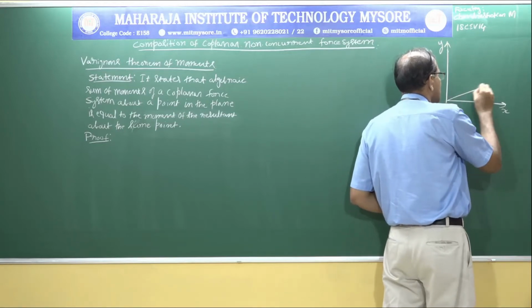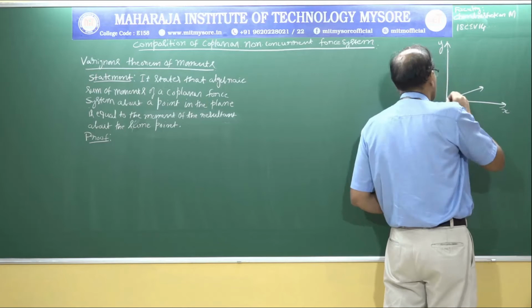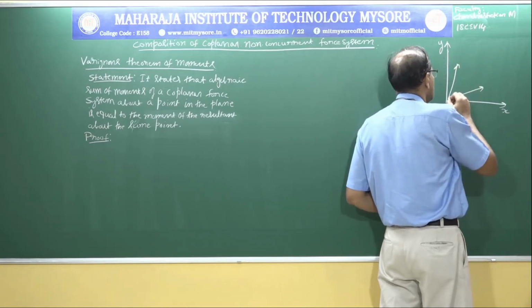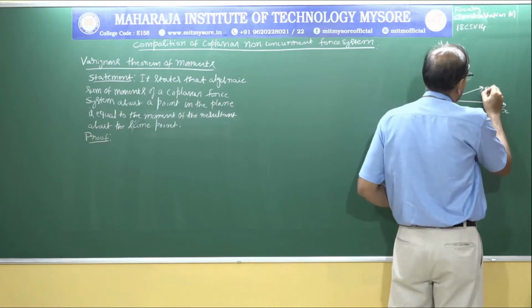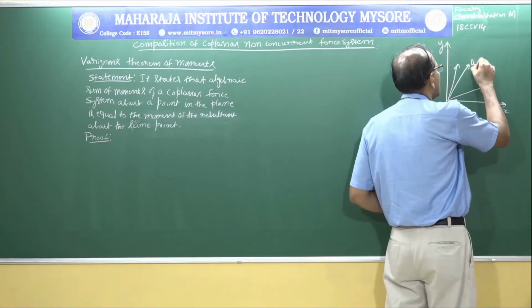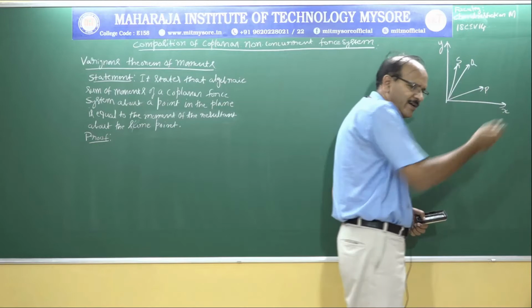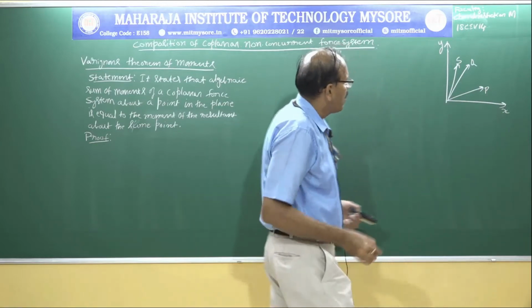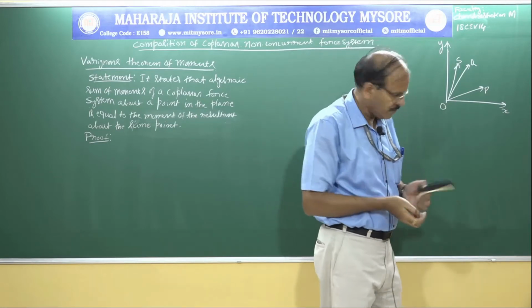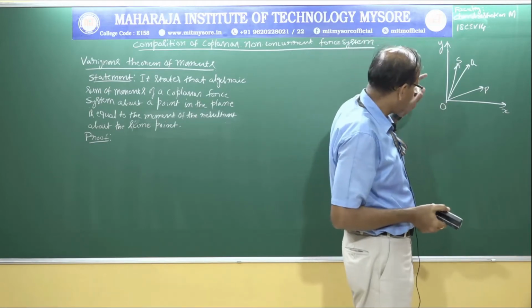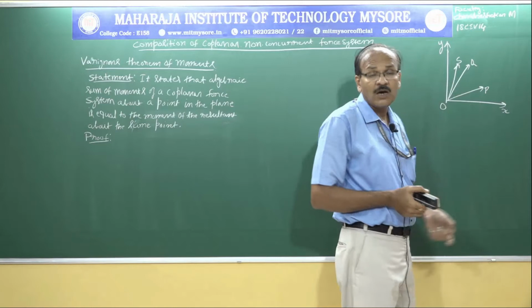So let me consider a system of forces. I am going to call this P, Q, S, etc. And this is the point O at which the forces are acting, and these forces are coplanar.